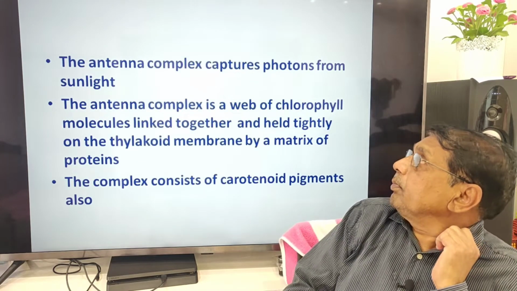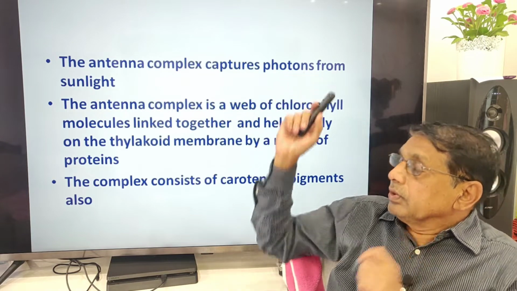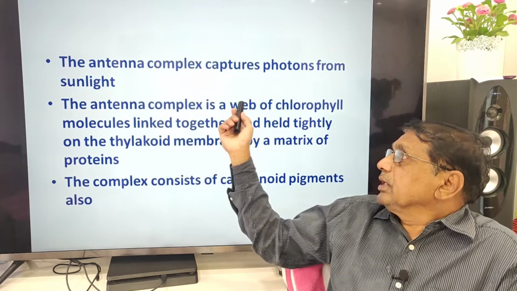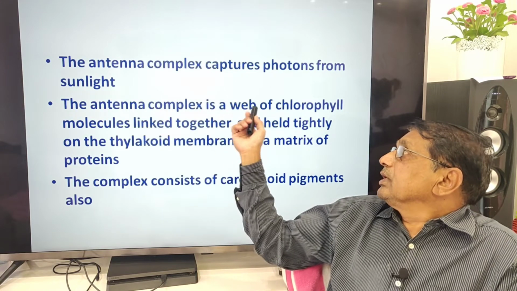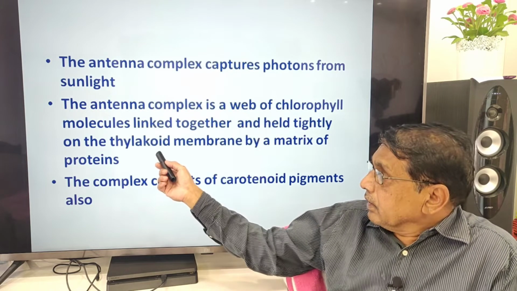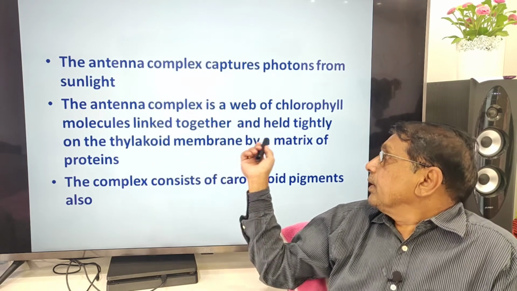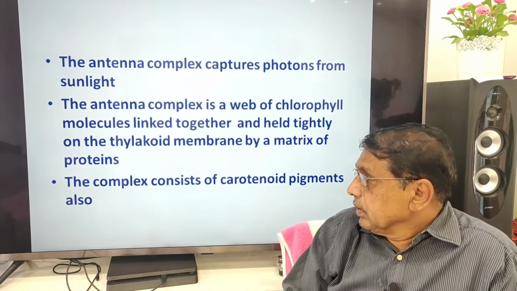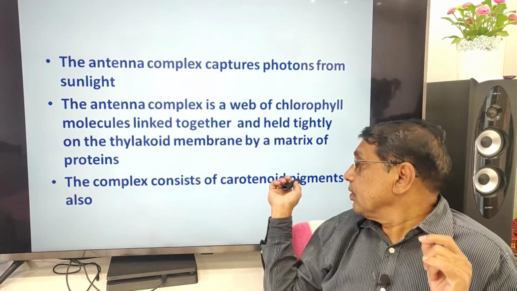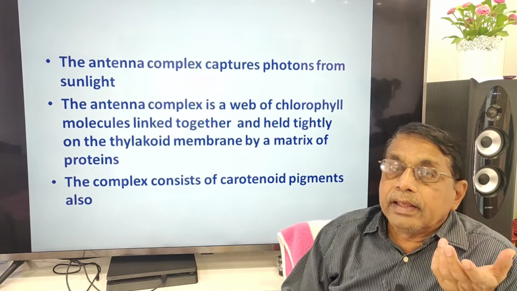The antenna complex captures the photons, the sunlight. It is a web of chlorophyll molecules linked together and held tightly on the thylakoid membrane by a matrix of protein. This complex also consists of carotenoid pigments, carotene and xanthophyll.